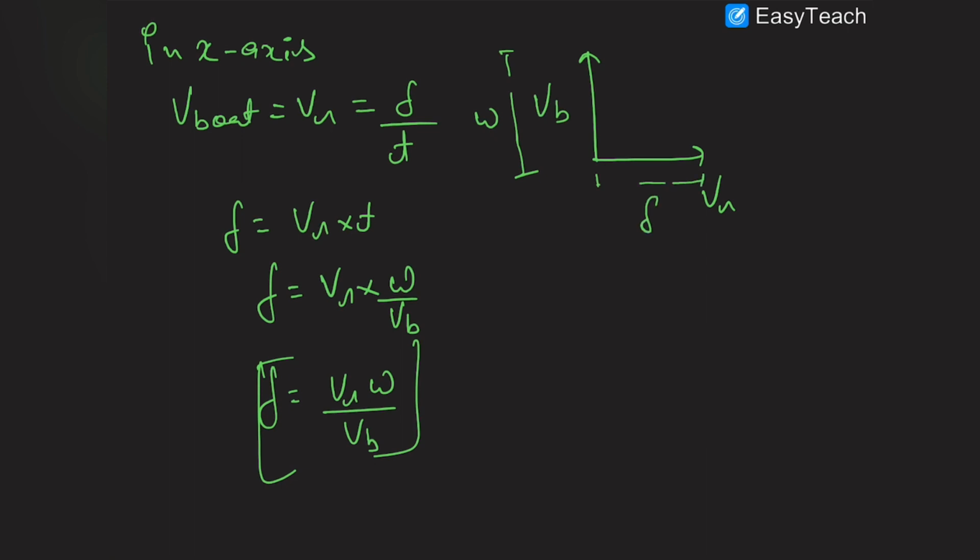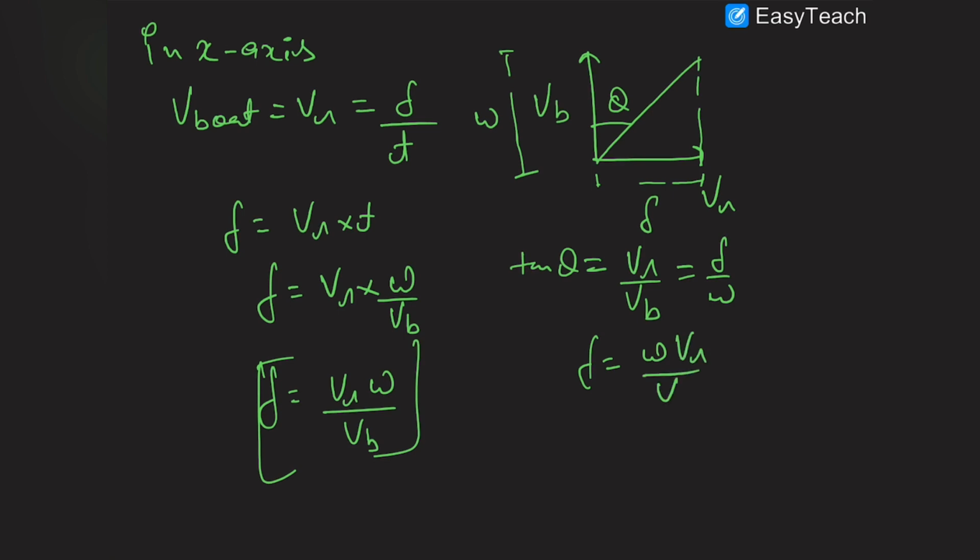If we wish to find this angle, tan theta will be equal to Vr upon Vb if we write tan theta in terms of velocities, and tan theta in terms of distances would be del upon W. So del would be equal to W Vr by Vb. This is del.